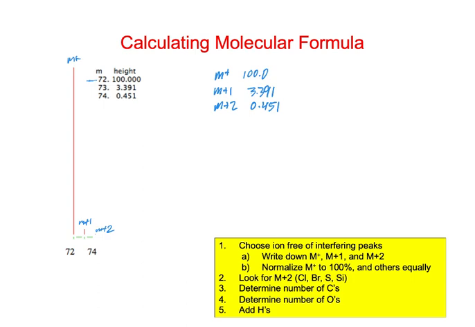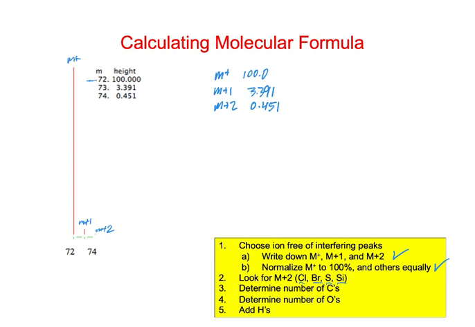Okay, so then what we're going to do is follow their rules down here. So we've done this. We wrote down our M plus. It was already set at 100%, so we don't have to do any normalizing. Now we're going to look for M plus 2 elements, so chlorine, bromine, sulfur, or silicon. We look at this M plus 2 value and see if it's big enough to accommodate one of those A plus 2 elements.